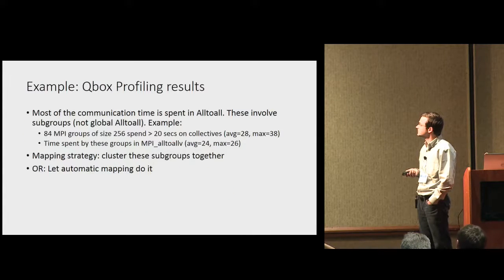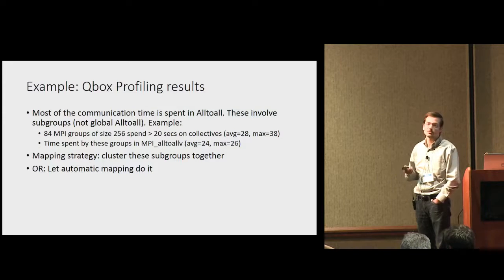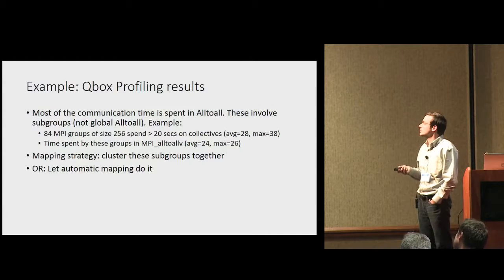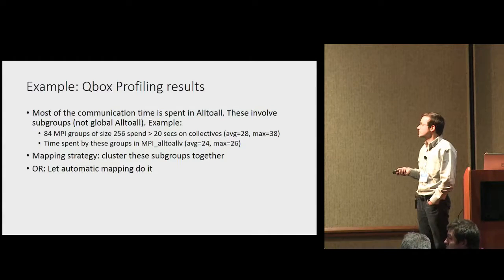We further analyzed those collectives, and we saw that most was due to the MPI all-to-all. This is for one particular example, where there were 84 groups of size 256 spending more than 20 seconds on collectives, and most of this was by the MPI all-to-all as well.